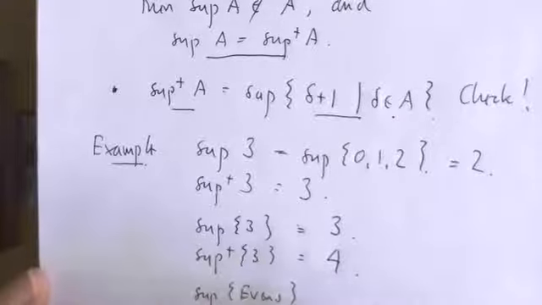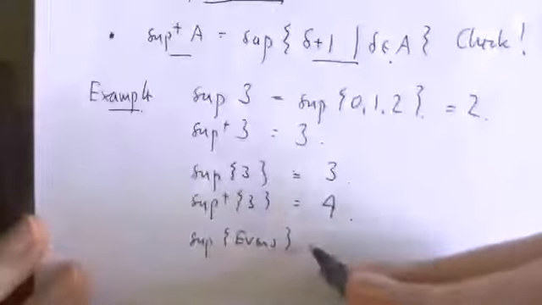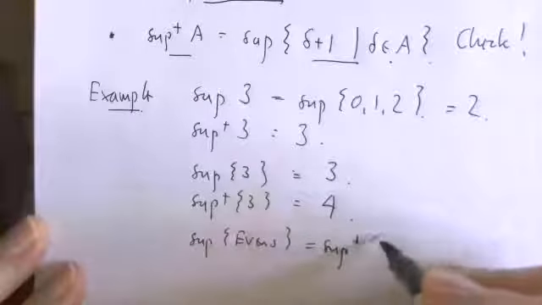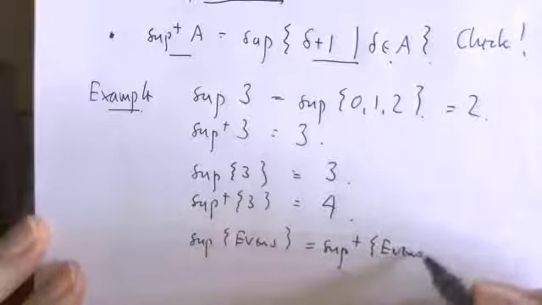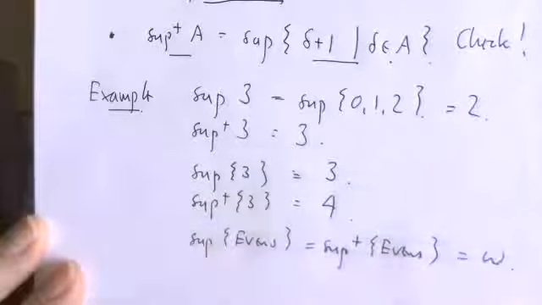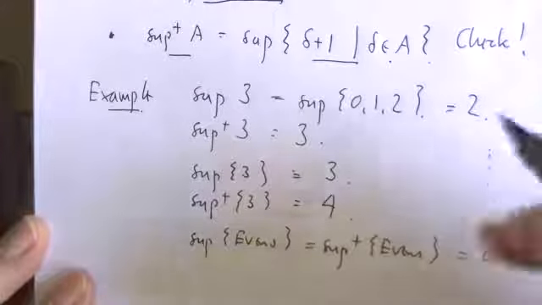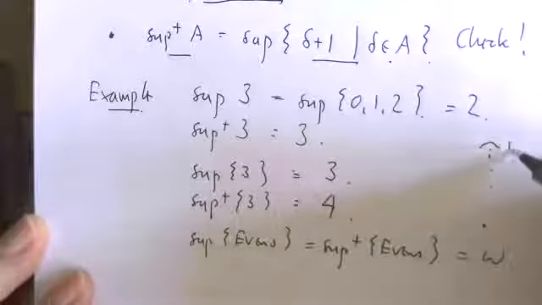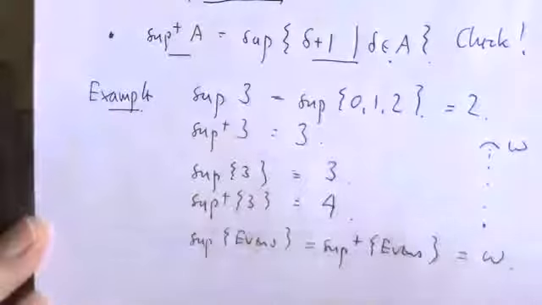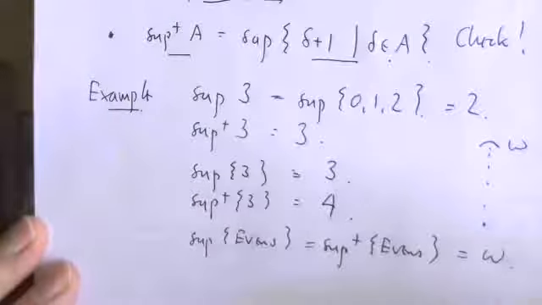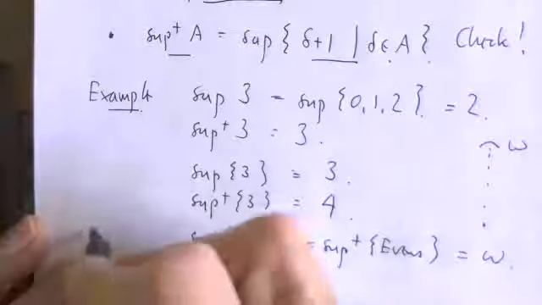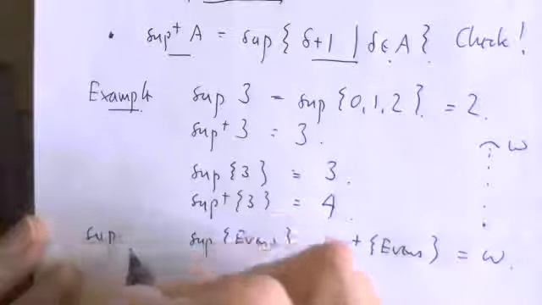Supremum of the evens is the same as the strict sup of the evens. And this is just omega. All right, the evens, there's no largest even. Strict sup is the same as the sup. And this is also just the supremum of omega.